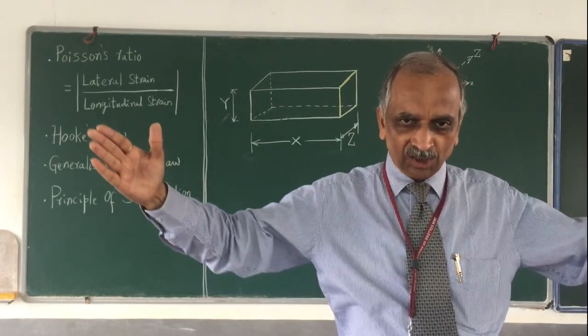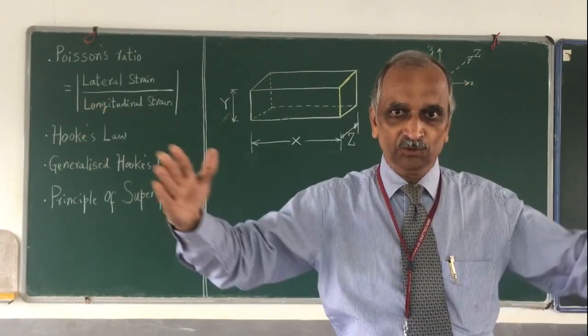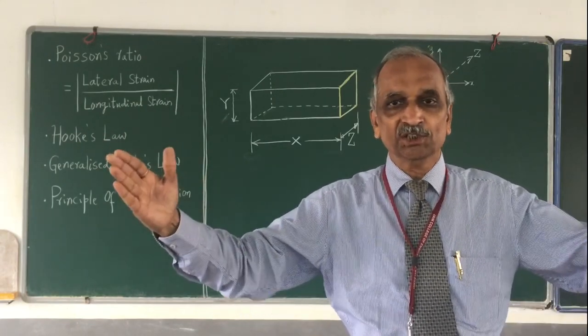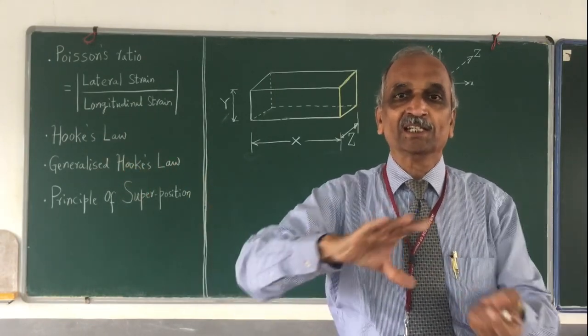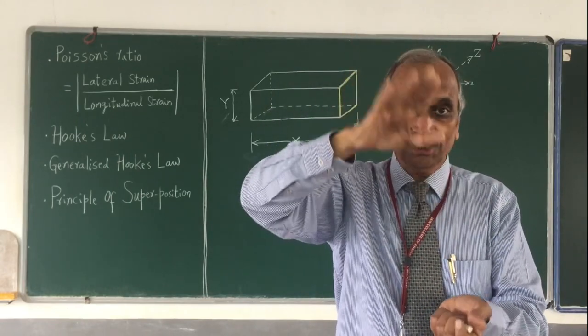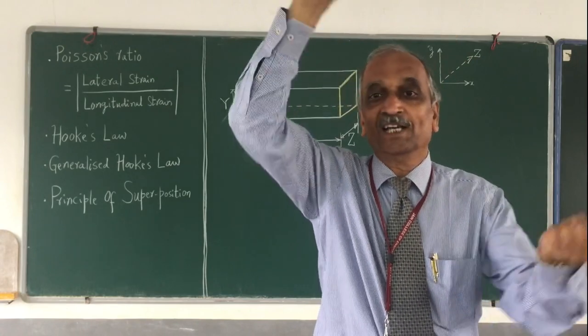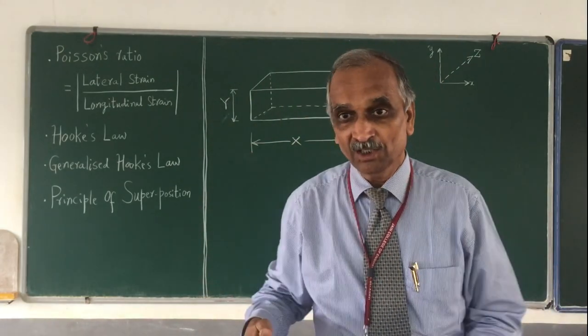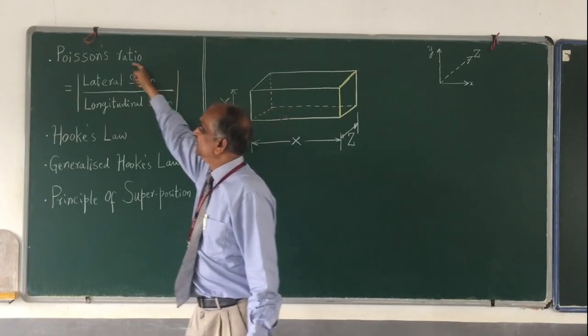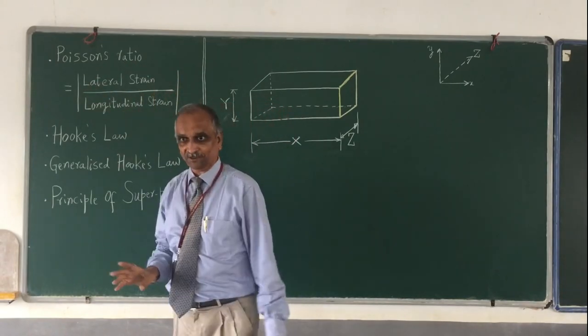Vice versa, if you are applying a compressive force, its length is decreasing, the longitudinal strain is negative, and the diameter is increasing, so the strain in that direction is positive. So one of them is always negative.